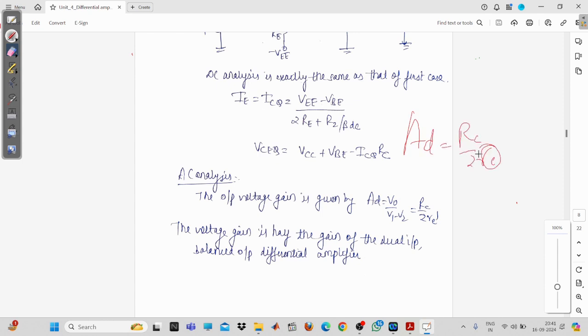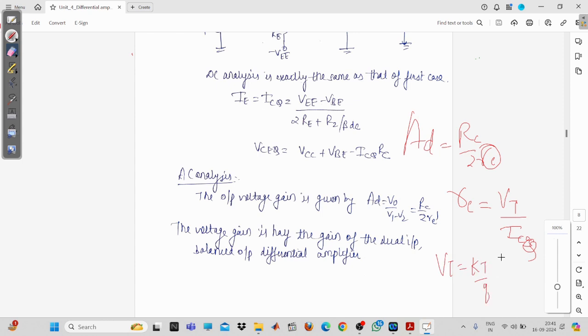We will have to understand what is the value of RE. RE means VT upon ICQ, that is the DC operating point. So you can see here RE depends upon VT, and VT is what?